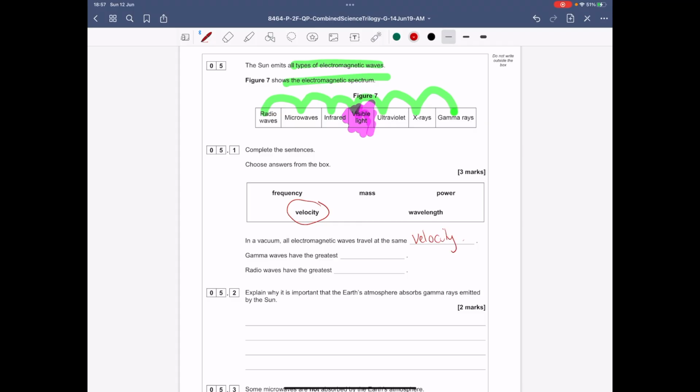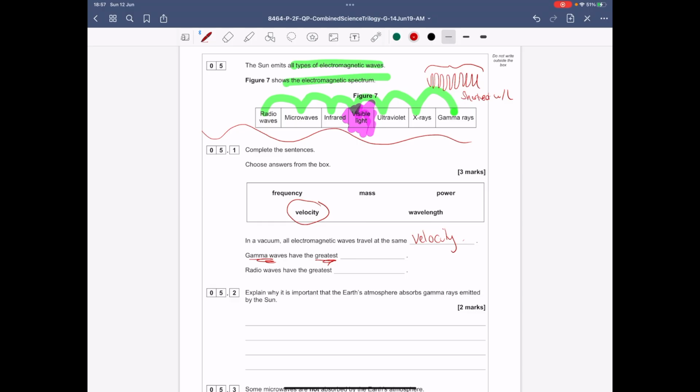So even though radio waves have a really long wavelength and gamma rays have a really short wavelength, all electromagnetic waves, the transverse family, they all travel at the same speed in a vacuum. So therefore, it then says gamma ray waves have the greatest blank. Well, we've just said gamma rays are really close together. They have the shortest wavelength.